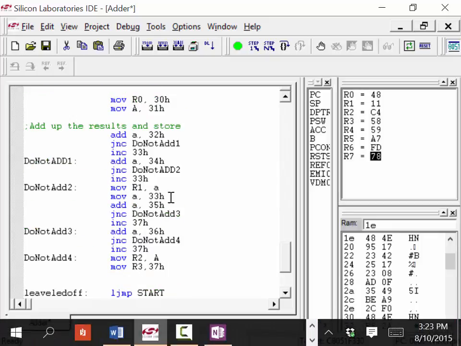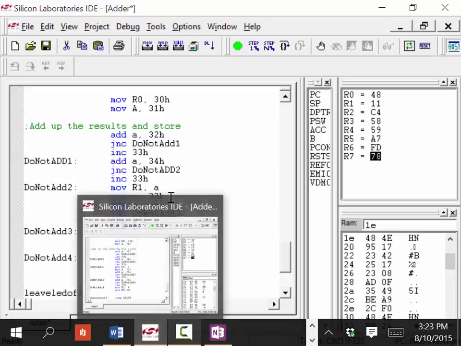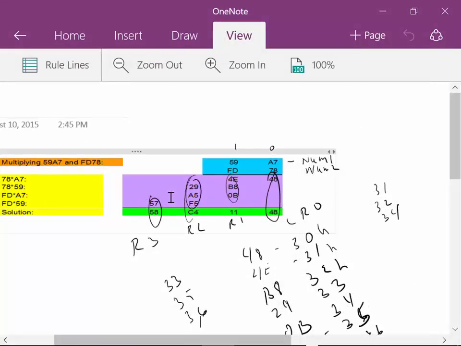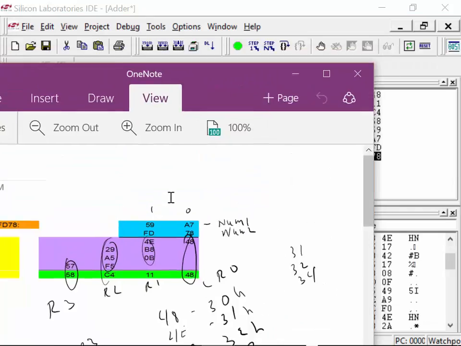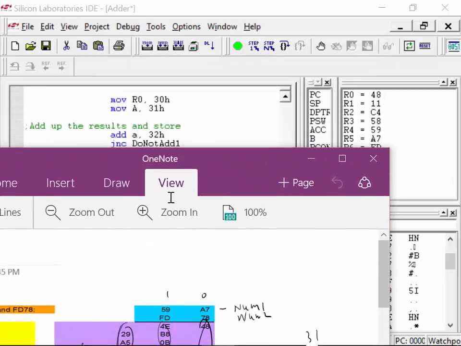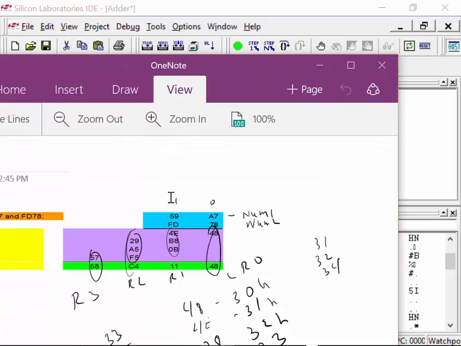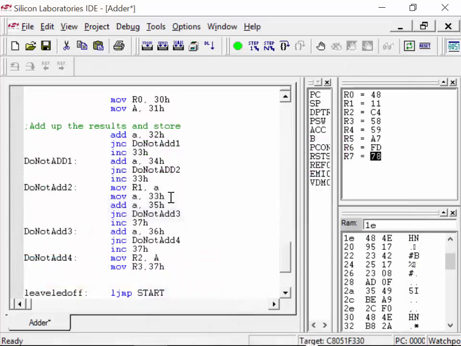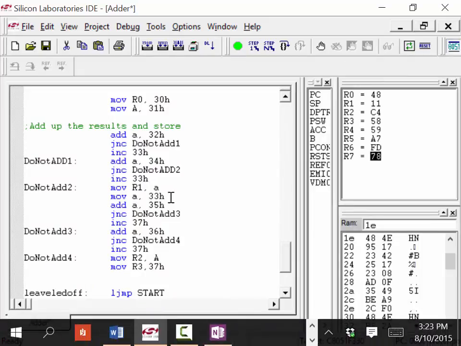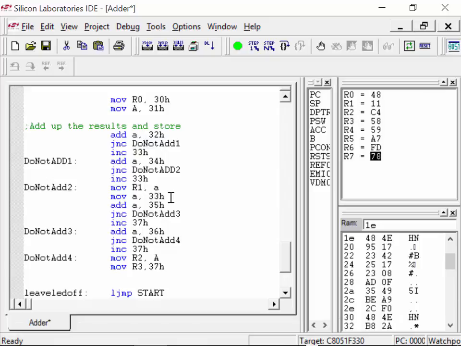So our original numbers right here start off as 5987. They're right here, 5987 FD78. So there's our original numbers right there. And then the answer ends up in the back, and they're actually in reverse order in which way we put them in. Not there, but we end up with that result there.